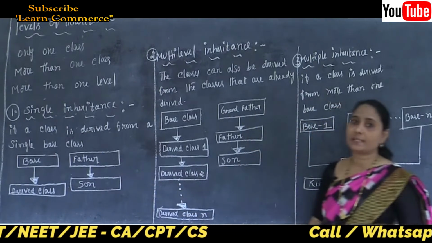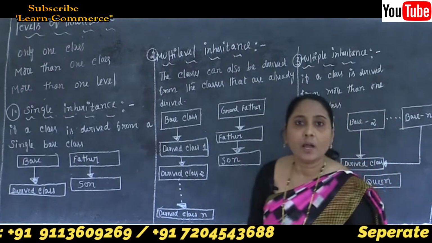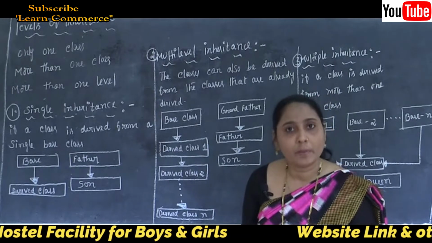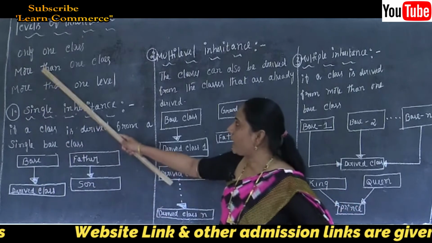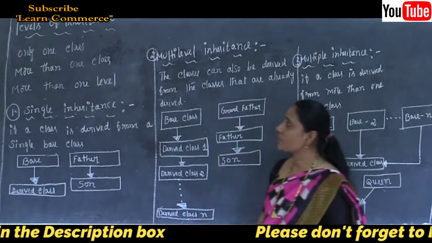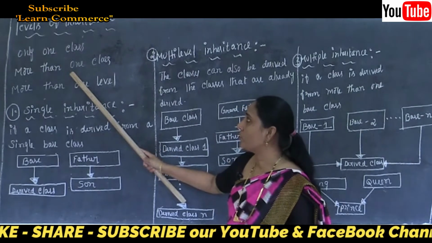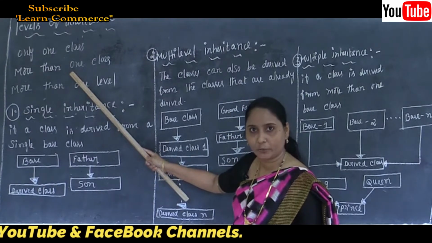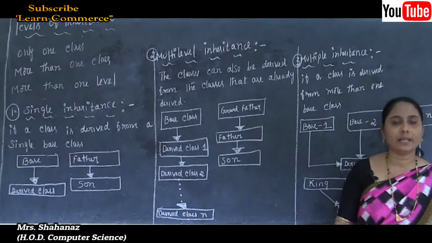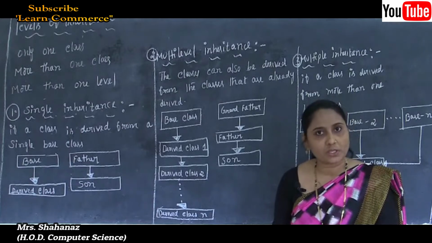Based on this relationship, where only one class, or sometimes more than one class, passes its properties to the derived class, or sometimes across more than one level, inheritance can be classified into 5 forms or 5 types.